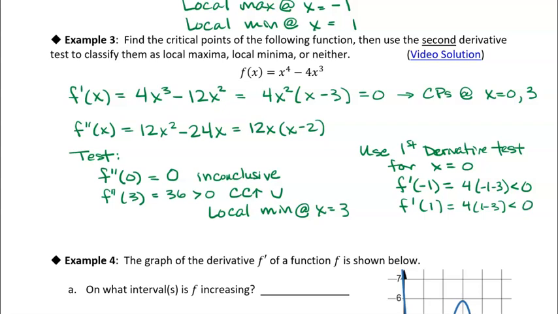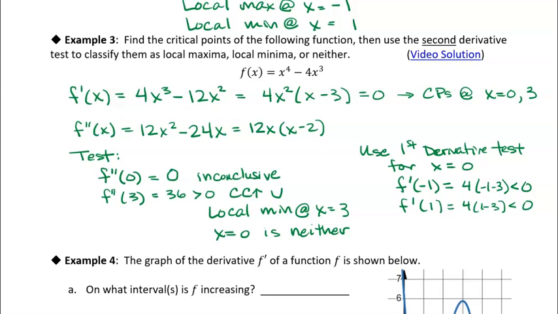So what does that tell us? The function is decreasing, and then it continues to decrease on the other side of 0. So essentially, that point is neither a maximum nor a minimum. So I'll just say here x equals 0 is neither.